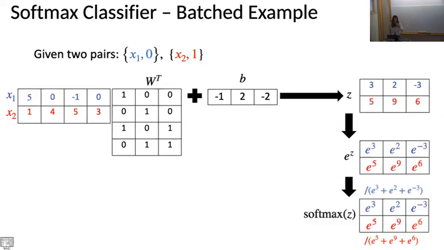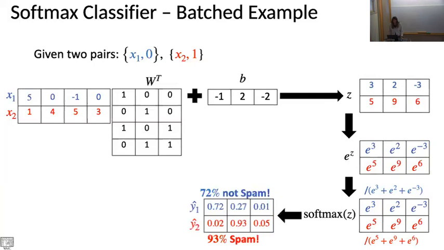We normalize the first row according to the first example, and the second row according to the second example. This will be very intuitive to you, and easy to define in PyTorch later. This gives us the matrix of predictions, where the first row is the prediction for the first example, and the second row for the second.